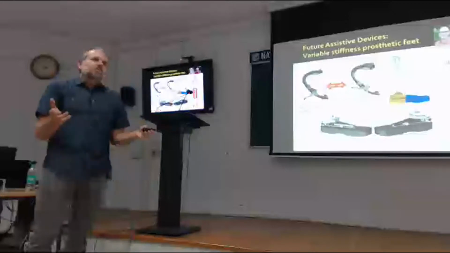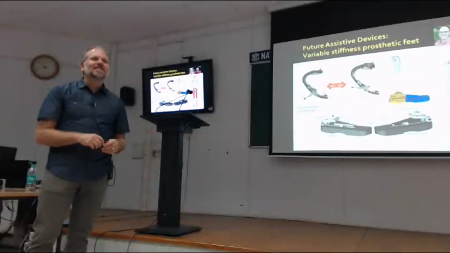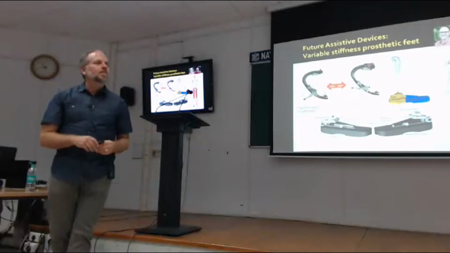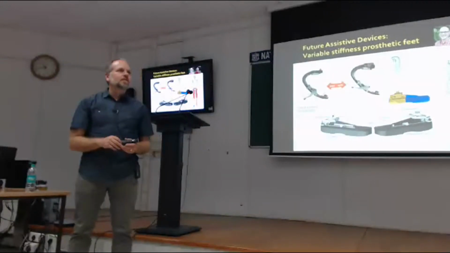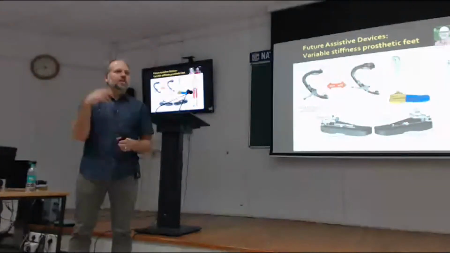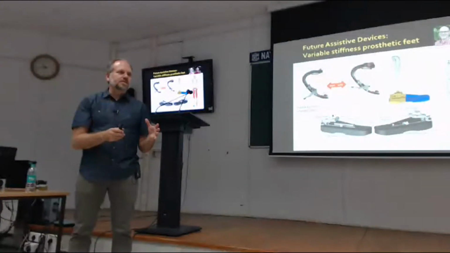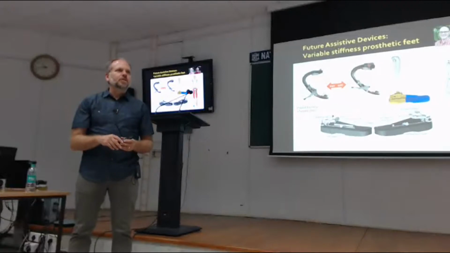So the data you showed, the machine learning data, does it talk about anything regarding energetics of the transition phase? It doesn't account for that, no, not at the moment. We are looking to analyze the end product of, once we make these changes, what are the energetics of the mechanical system, and also what are the energetic savings when you have a foot that is more responsive to what the person wants to use.